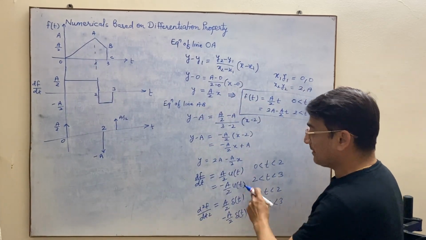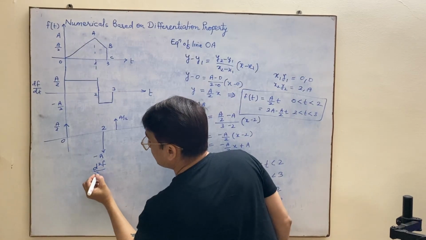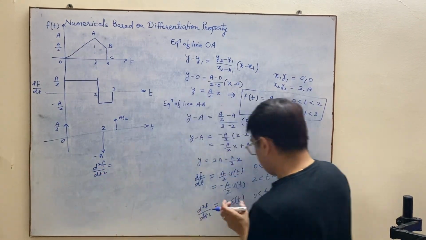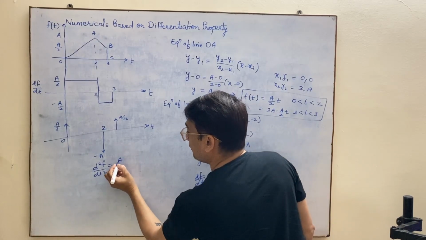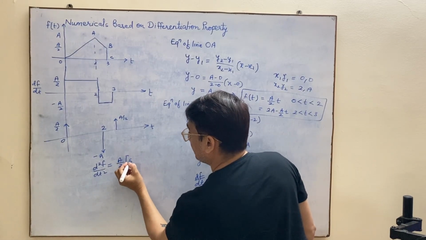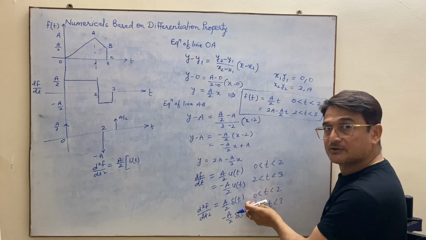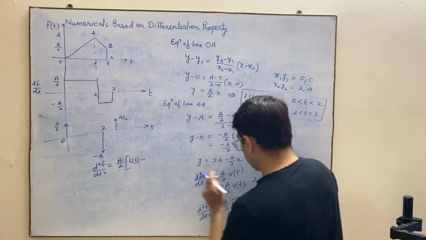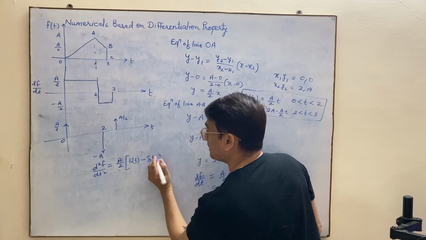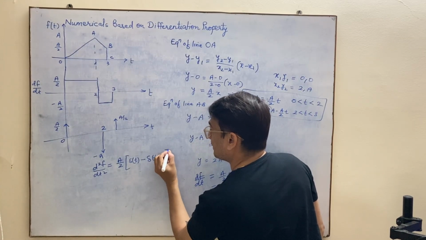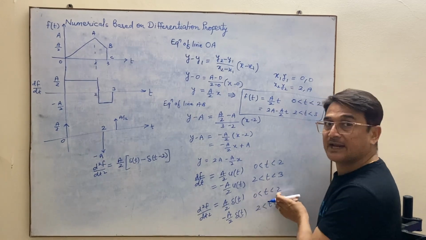So this thing can be written in the form of d square f by dt square is, you can combine this thing, this is a by 2 delta t, because it exists at t is equal to 0, minus delta t minus 2, because this is the upper limit and this is the lower limit. So upper limit minus lower limit.